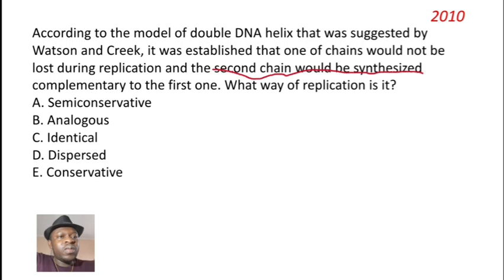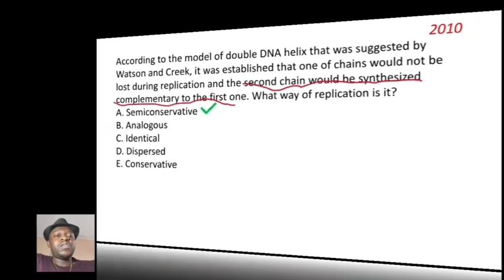Here is the keyword: one of the chains would not be lost during replication, so it has been conserved, right? But the answer here is semi-conservative replication, not conservative. This one is just to confuse you, right? Semi-conservative replication is the one. All right.